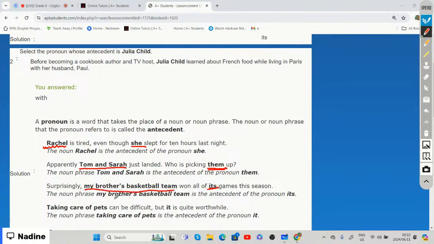And that is our antecedent. And remember, a pronoun is a word that takes the place of a noun or noun phrase, and the noun or noun phrase that the pronoun refers to, we call that the antecedent.